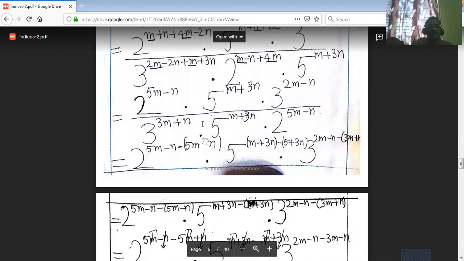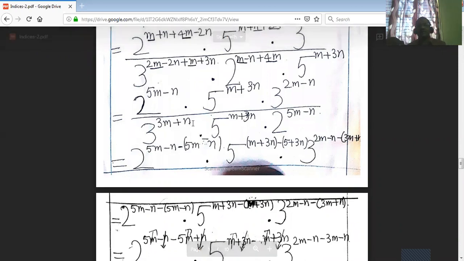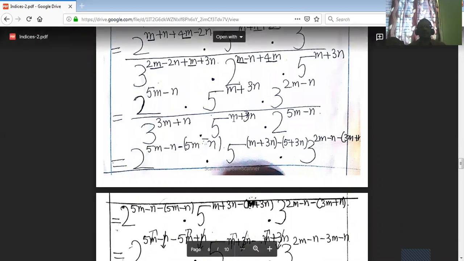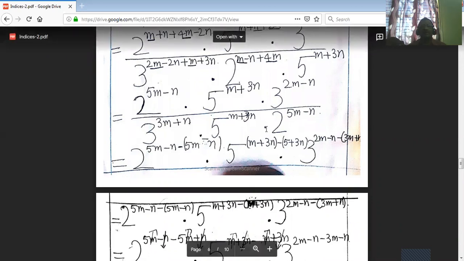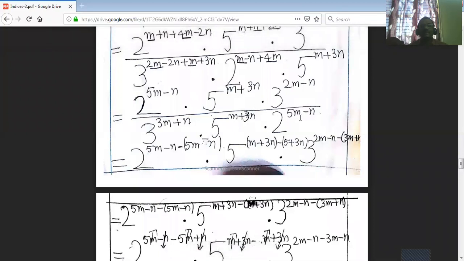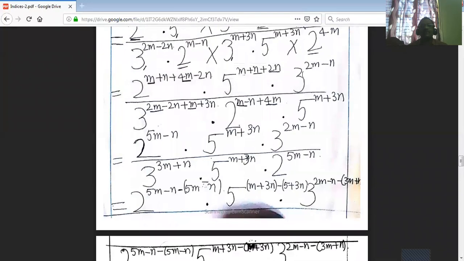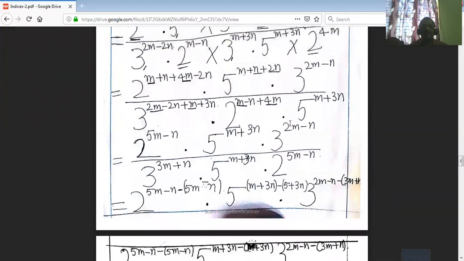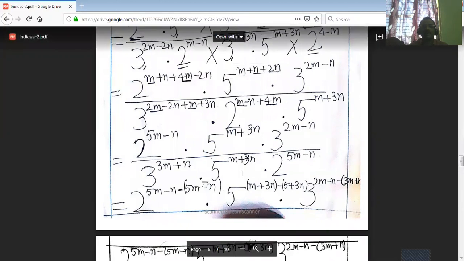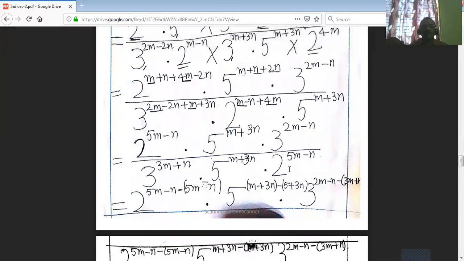Okay, the highest number is 3, therefore you can retain this. Now 5 to the power of m plus 3n, 2 to the power of 5m minus n. You can take this 4m plus 1m, 5m minus n. 5 to the power of m plus 3n as it is, and now 2 I have taken here.